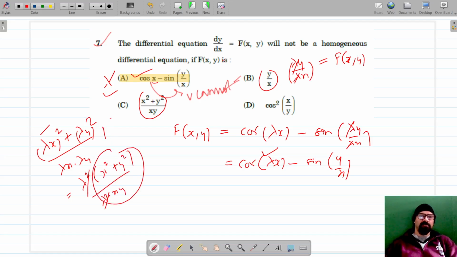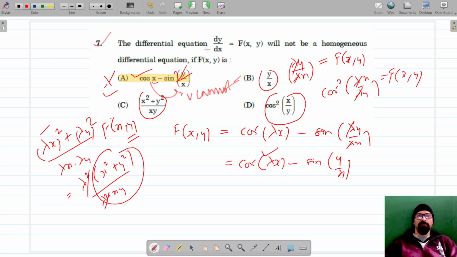So we are still getting the original differential equation. And here we will also get the original differential equation by substituting x with lambda x and y with lambda y. So this is still the original differential equation except the first one. So it will not be a homogeneous equation, it will be the option A.